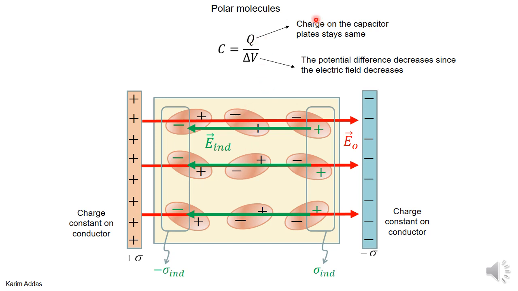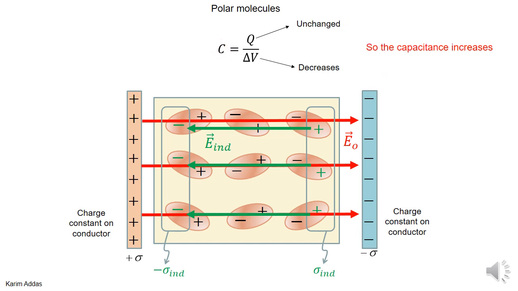This Q stays the same, but the potential difference has become smaller because the electric field became smaller, because of the alignment of the molecules, because of this positive charge sticking out, because of these negative charges sticking out. So if Q stays the same and the potential difference gets smaller, then what happens to the capacitance? The capacitance gets bigger. And so this is the intuitive understanding of why the capacitance will increase if you insert a dielectric material that consists of polar molecules between the capacitor plates.